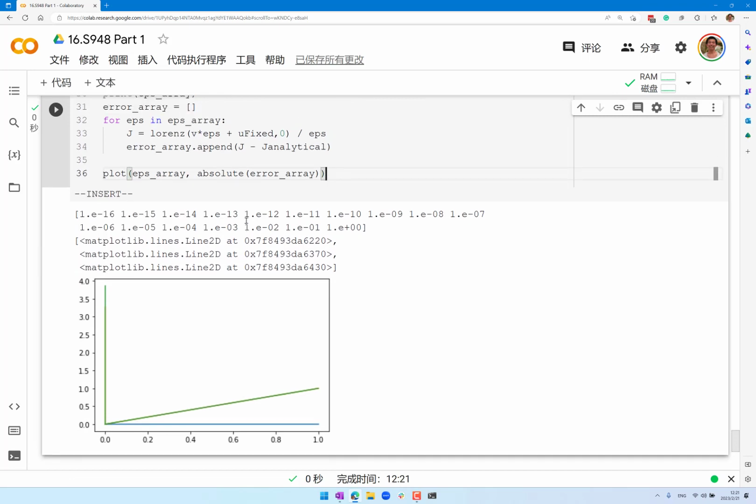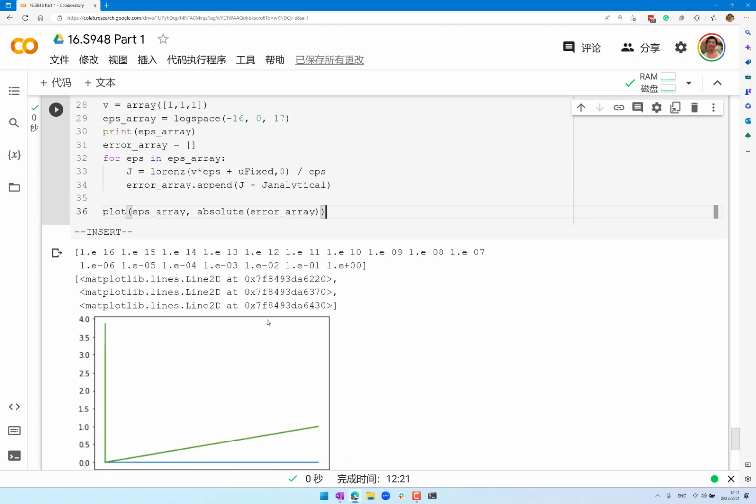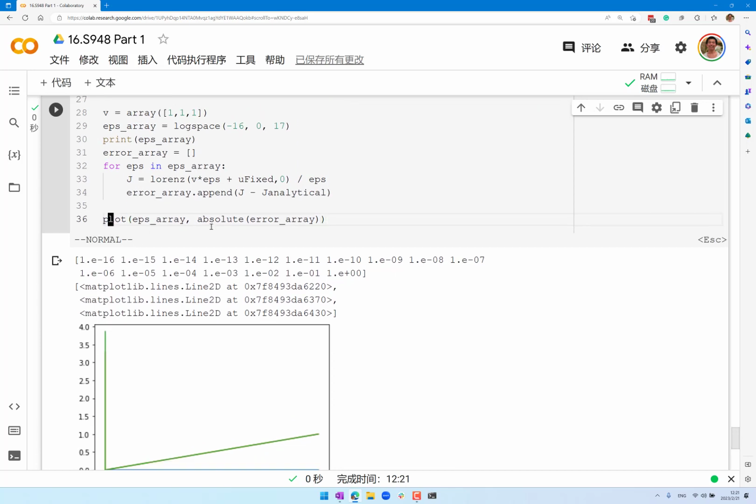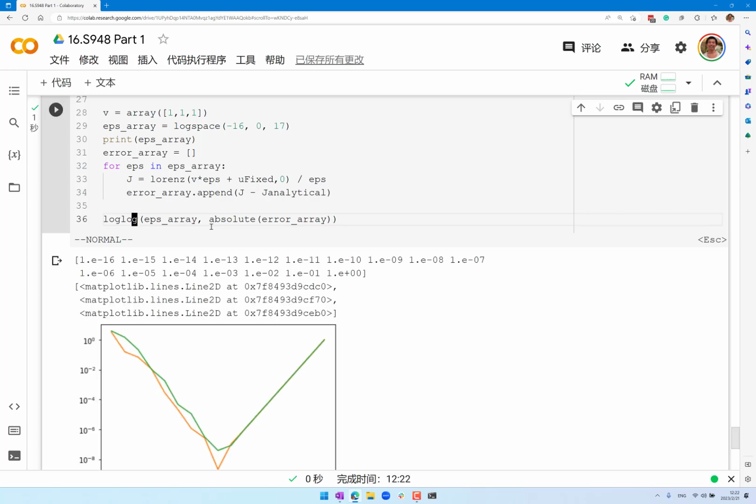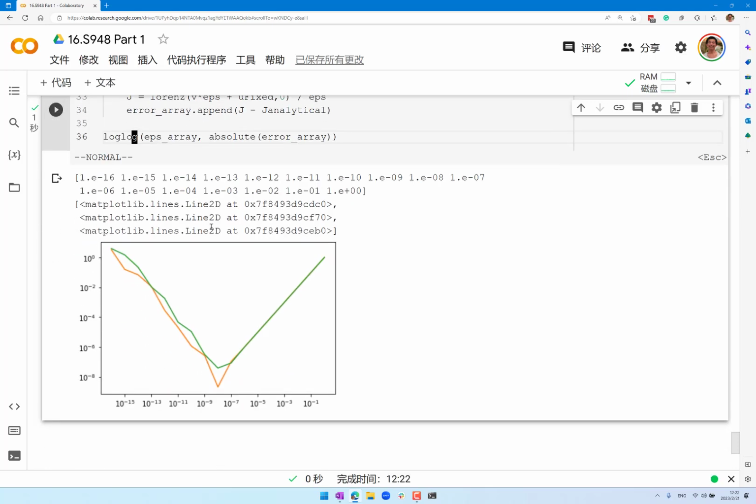Well, as we can see, this is not a very good plot because epsilon goes up by an order of magnitude every time, right? So the right way to plot this is actually to do a double log plot. And actually, let's see what this looks like. Okay, so this is one of the typical plots when you are trading off round-off versus truncation error.